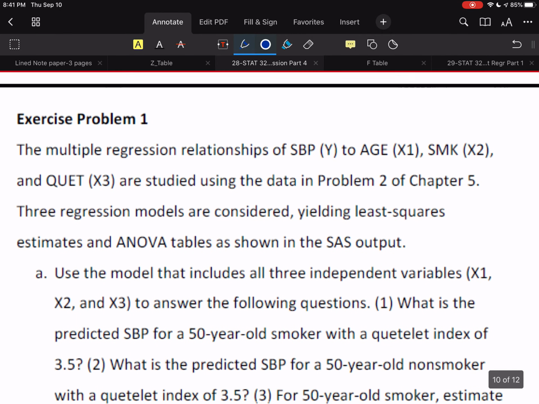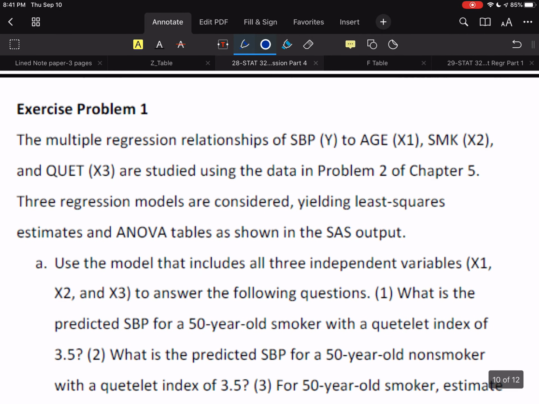So let's see what the questions are. This will help us answer some homework questions. It says the multiple regression relationships here are studied using the data in problem 2 of chapter 5, so you did some of this for homework. The three regression models are considered, yielding least squares estimates and ANOVA tables that we just saw, right?